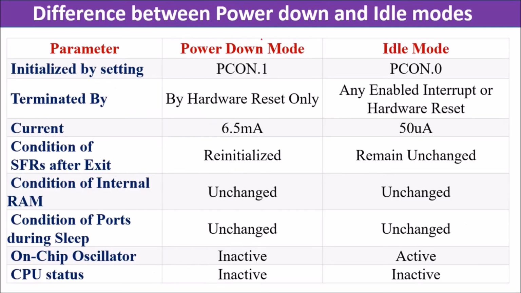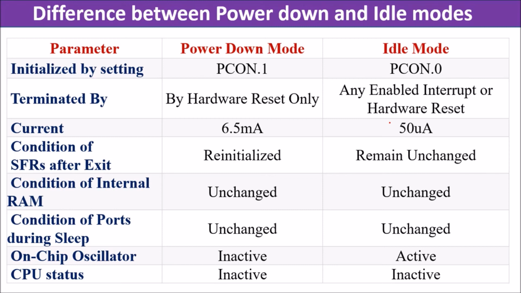The difference between power down and idle mode is given here. Power down mode is initialized by setting PCON.1, that is the first bit, and idle mode is initialized by the PCON.0 bit. Power down is terminated by hardware reset only. New versions have interrupt reset also.